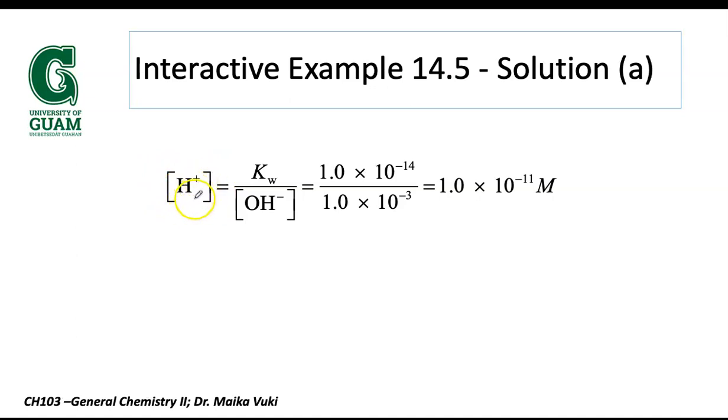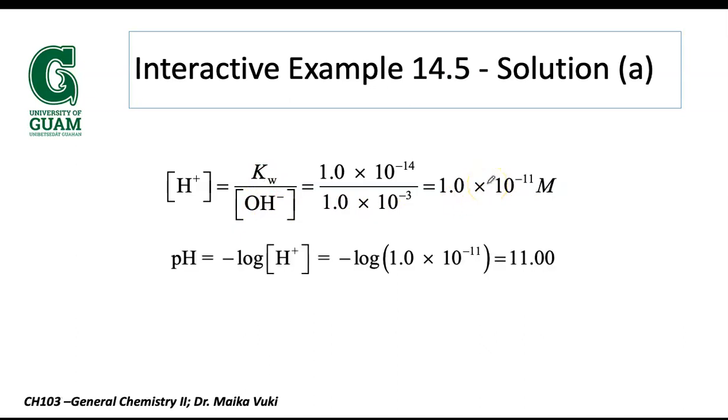So you calculate the hydrogen ion using Kw. So Kw over OH will give you this value, and then you can convert that into pH, and that gives us the answer, 11.00. That's the pH. And once again, the 2 significant figures here, that's why you have 2 decimal places here.